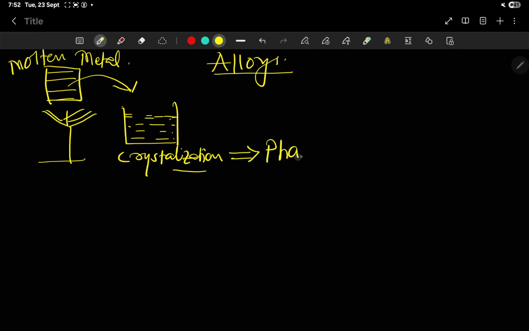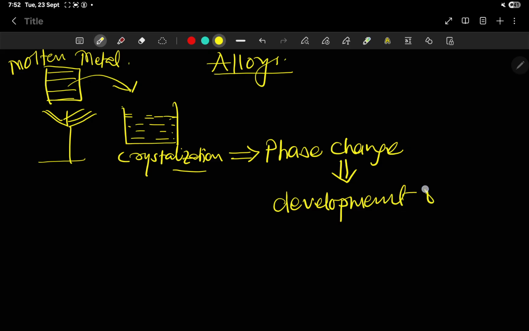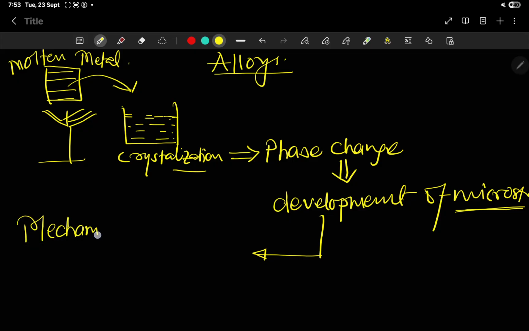We will observe phase change of material, phase change phenomena will be observed, and with phase change we will observe development of microstructures, and depending on the orientation of the microstructure, we define the mechanical properties.